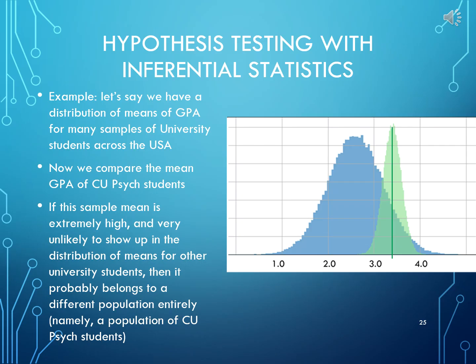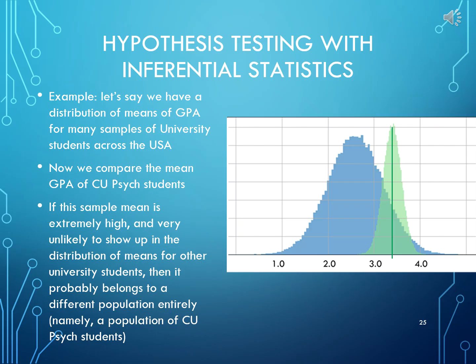And we've computed an average GPA for each of those samples of 100 students from each of those universities. And that's what you're seeing in the blue distribution. This is now the distribution of sample means for all of those mean GPAs that we've calculated.